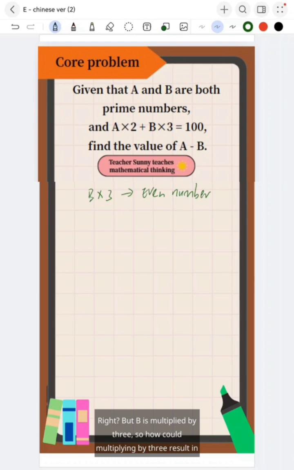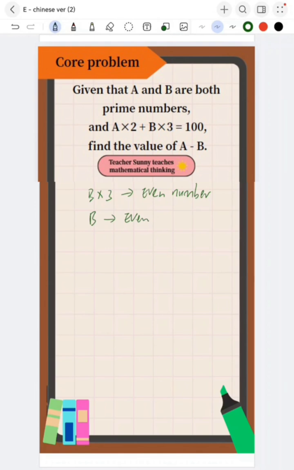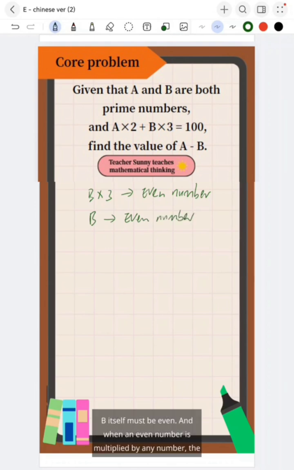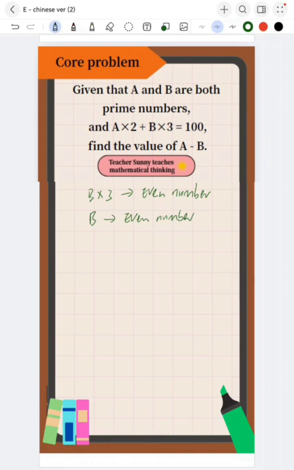But b is multiplied by 3, so how could multiplying by 3 result in an even number? There's only one possibility, which is that b itself must be even, and when an even number is multiplied by any number, the result will always be even.